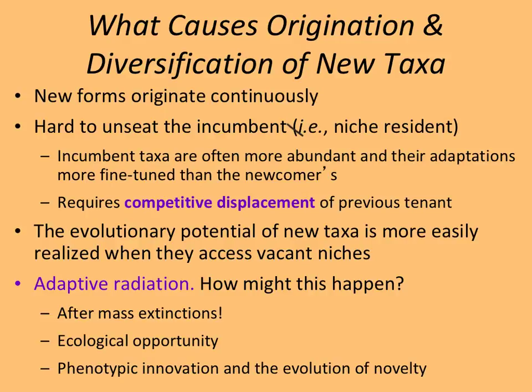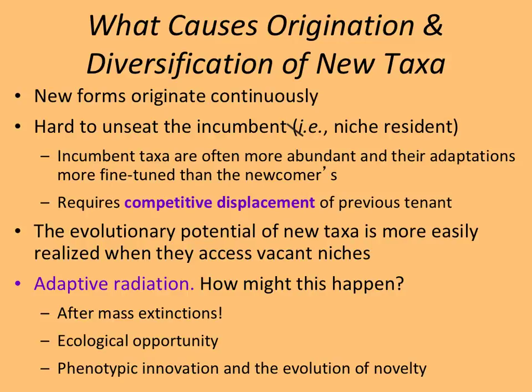Now, the evolutionary potential of new taxa is usually realized when there's lots of empty niches. And that doesn't happen very often. When it does, though, often what happens is we get something called an adaptive radiation. That means you start with, let's say, one species.